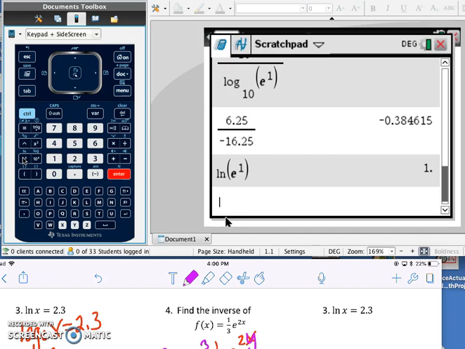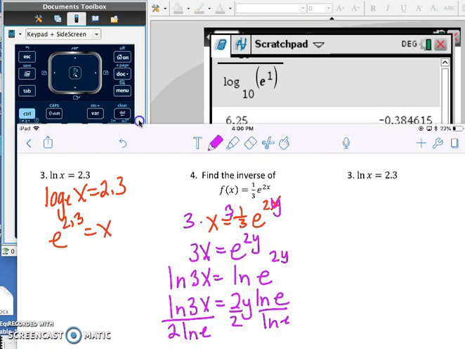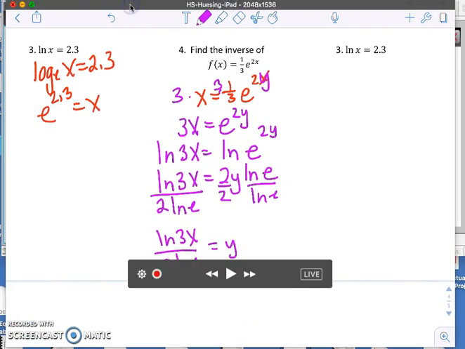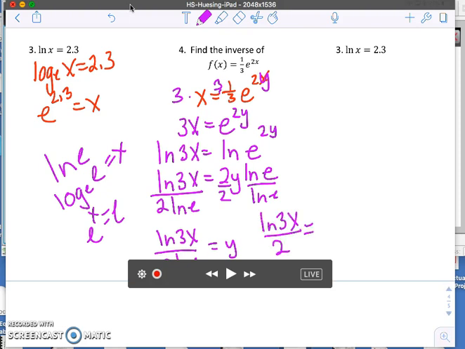Because if we look at that, the natural log of e is evaluating log base e of e. We want to know what that equals. Well, e to the x equals e, so x has to be 1. So this is really the natural log of 3x divided by 2 is y.